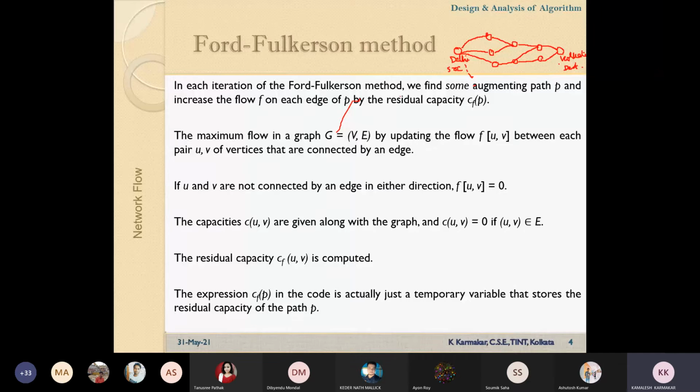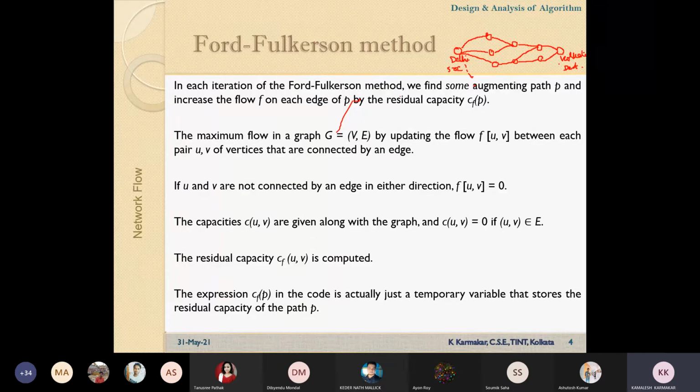So in every route we have some capacity. You know that in case of a railway system, the maximum value is specific: through this route, this number of trains can travel in every hour.